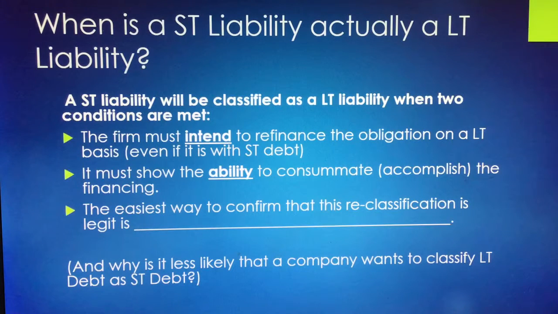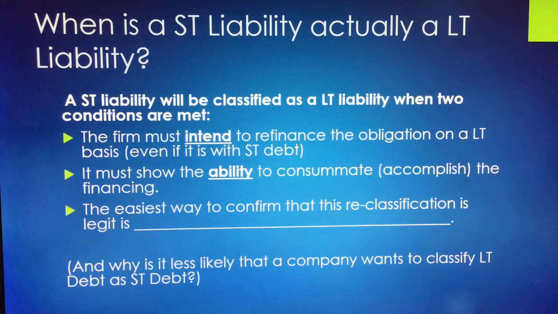If in fact the company intends and is able to convert that short-term liability to a long-term liability or even stockholders' equity, then that short-term liability could be legitimately presented as a long-term liability.